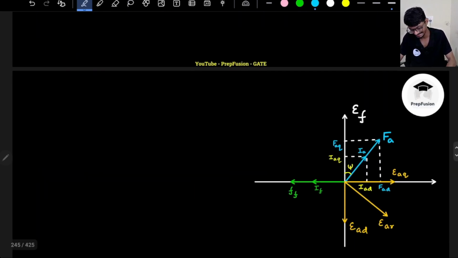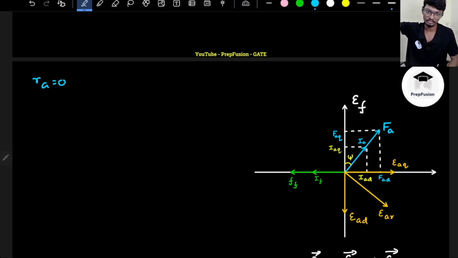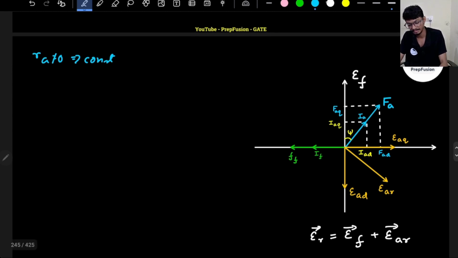Now we will do the exact analysis where armature resistance will also be there. The armature resistance is constant, the resistance of the armature windings, not load dependent. So armature resistance is not equal to 0, and is constant. What will actually happen in the equation?